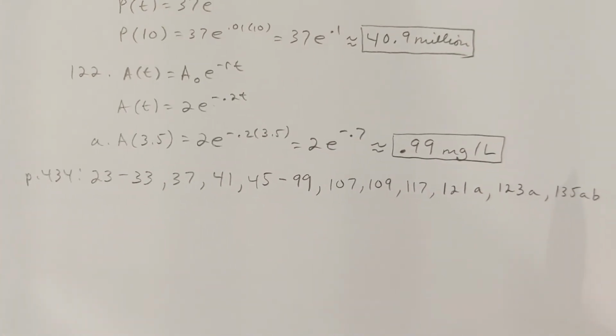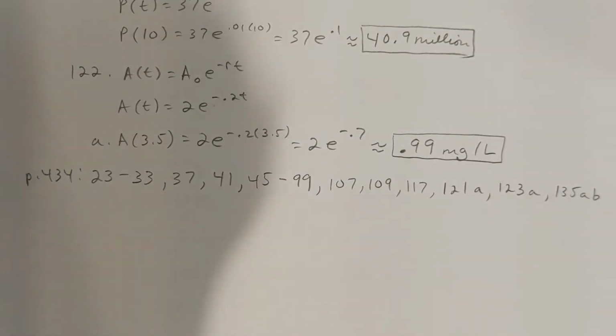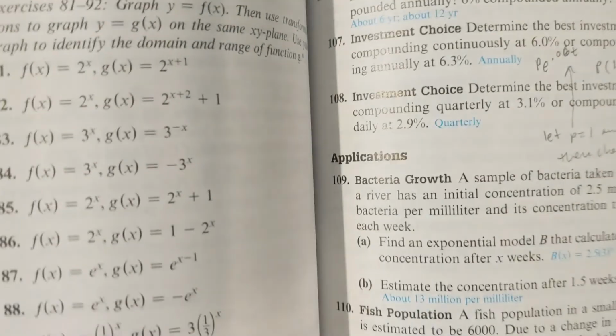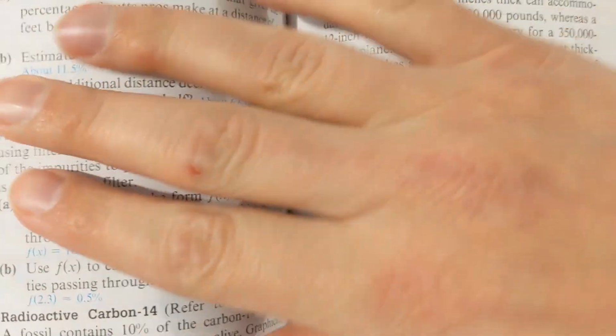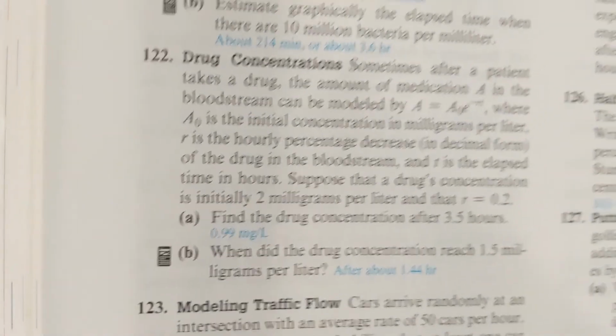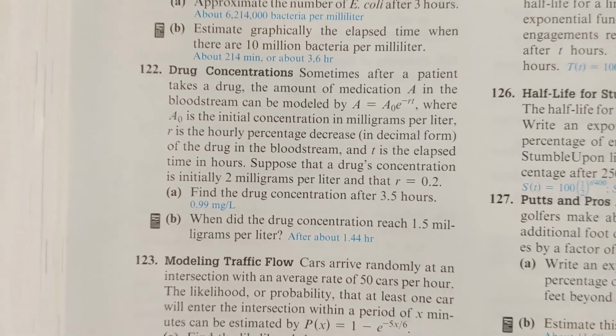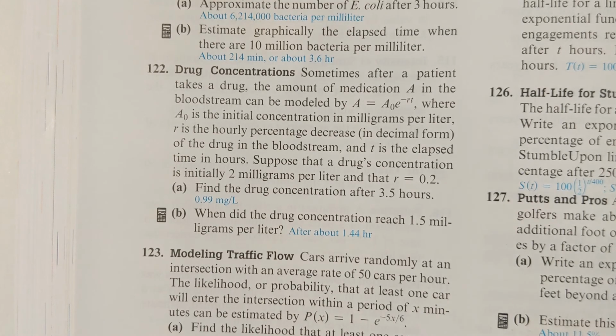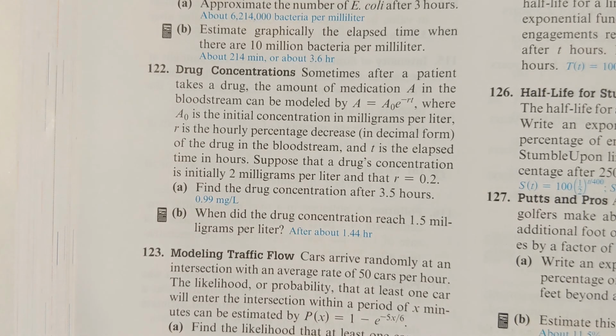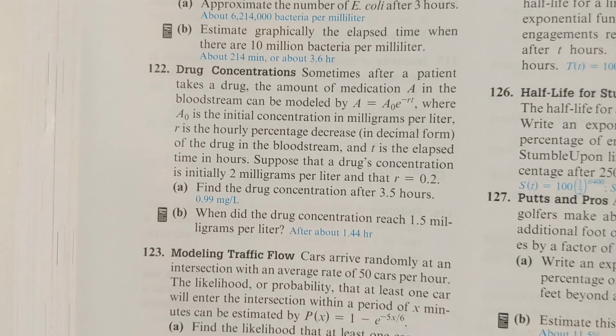Okay, problem 122 is another problem that I wanted to show you here. So we're just going to do part A in problem 122, where it says sometimes after a patient takes a drug, the amount of medication, A, in the bloodstream can be modeled by the equation that you see there, where A sub 0 is the initial concentration in milligrams per liter, R is the hourly percent decrease in decimal form of the drug in the bloodstream, and T is the elapsed time, which is in hours.